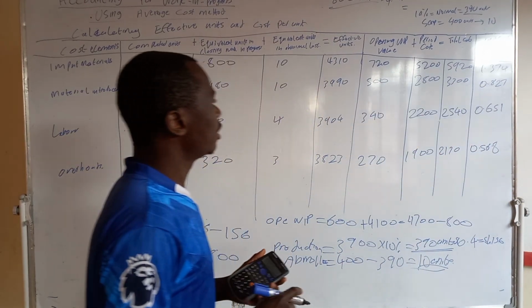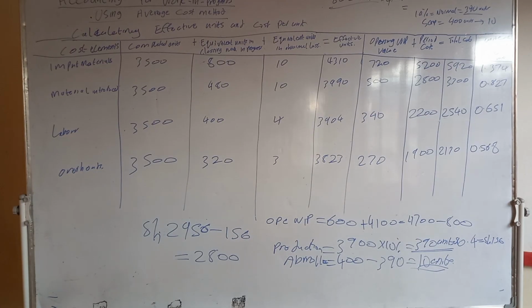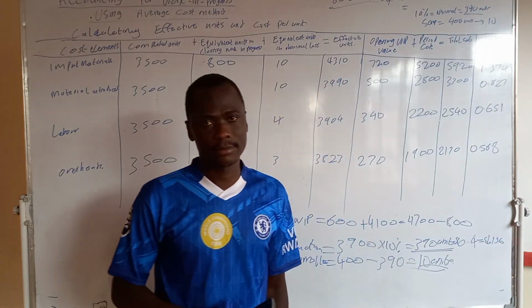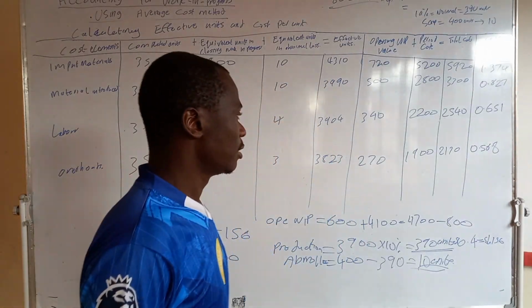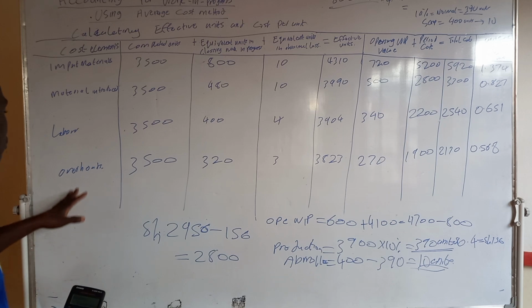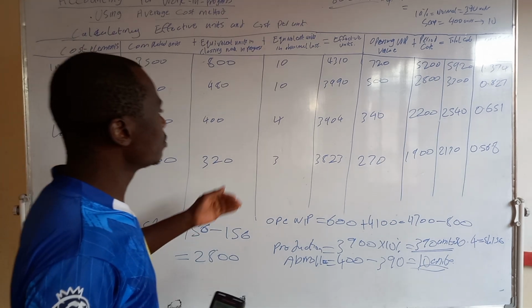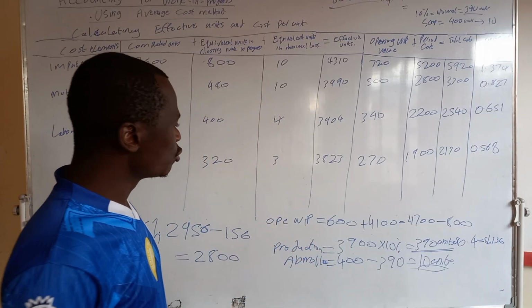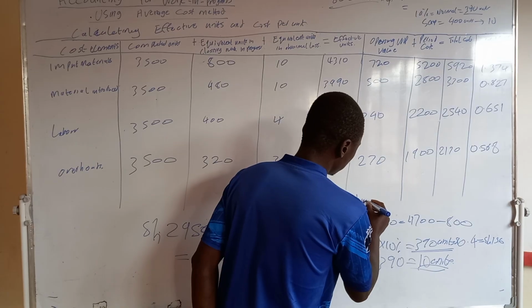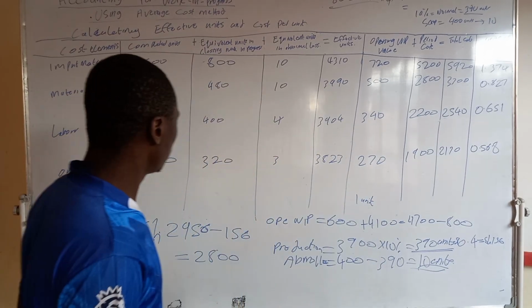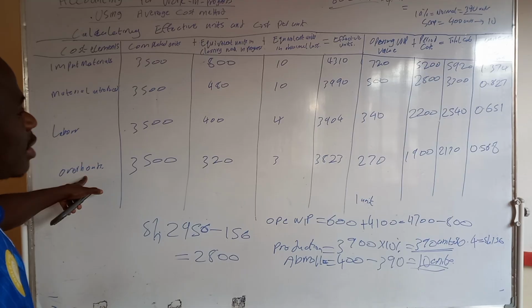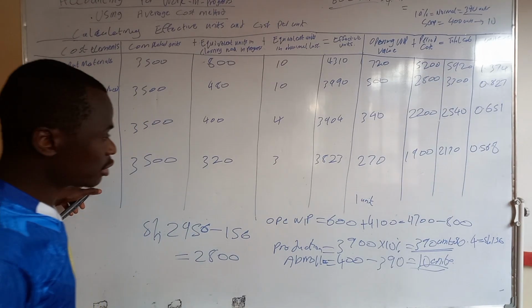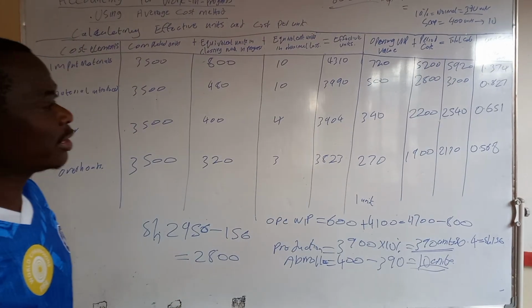Now we have the cost per unit, or what you can call the rates per unit. In terms of overheads, producing one unit costs us 0.568 shillings.